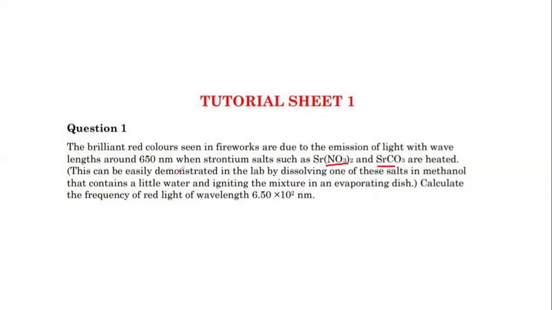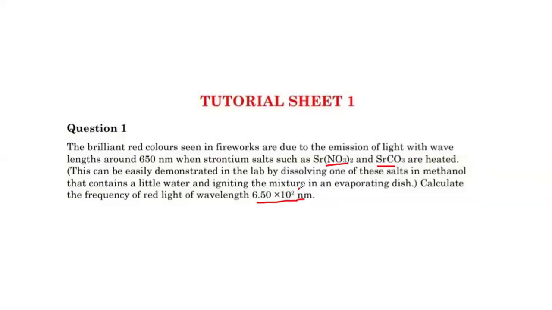This can be easily demonstrated in the lab by dissolving one of these salts in methanol that contains a little water and igniting the mixture in an evaporating dish. Now they're saying calculate the frequency of red light of wavelength 6.50 times 10 to the power 2 nanometers. We know how to do this.